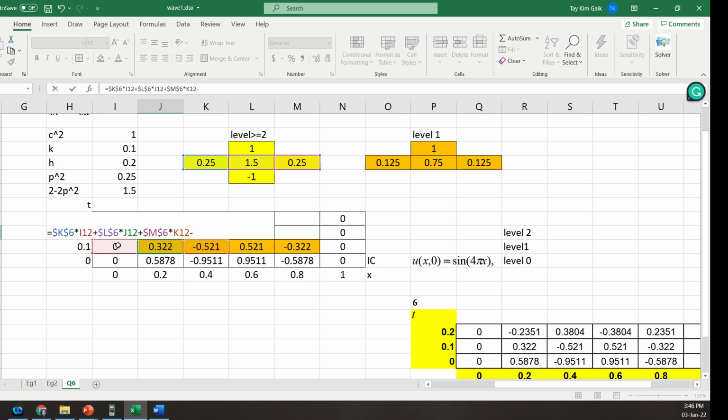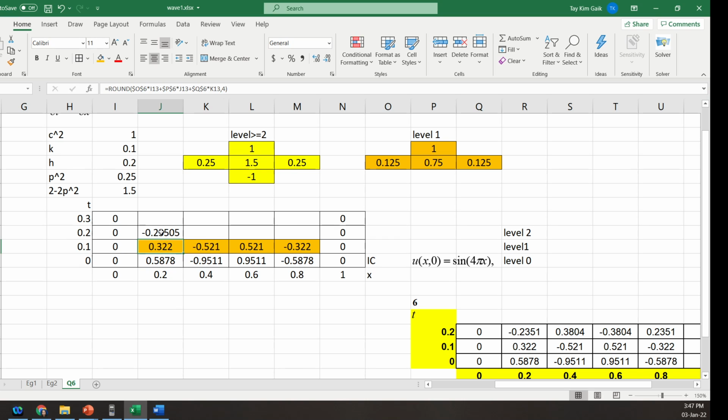You see this is the left middle, center middle, right middle, and left bottom here. Enter. Then we may round it to 4 decimal places. So I obtain correctly negative 0.2351.